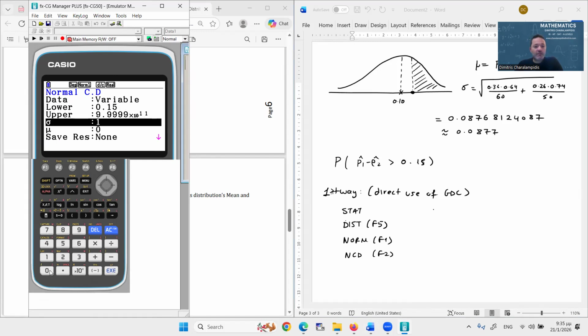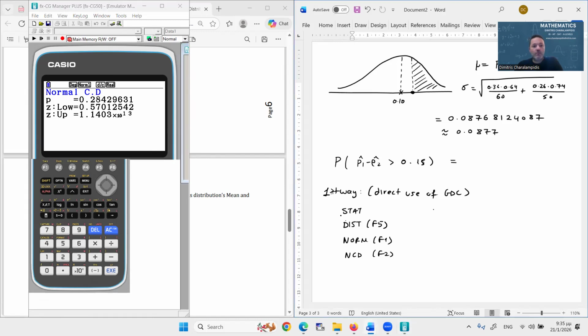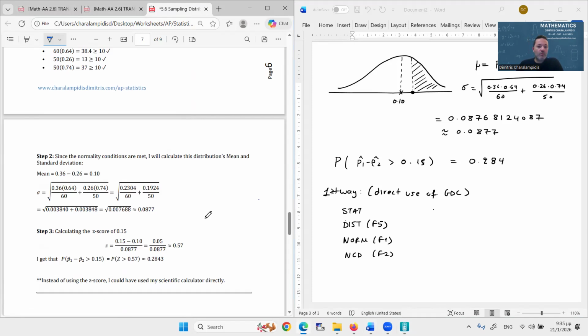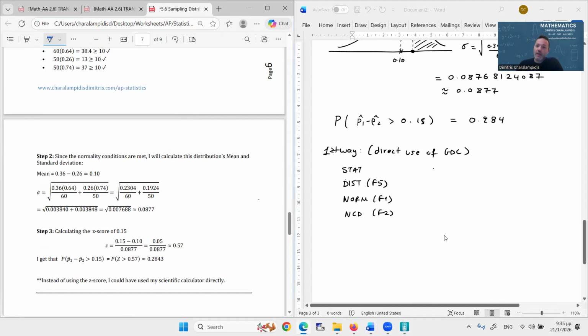Standard deviation is 0.0877 and mean is 0.10. Execute. So the probability of that would be 0.284, which is the probability I was looking for.